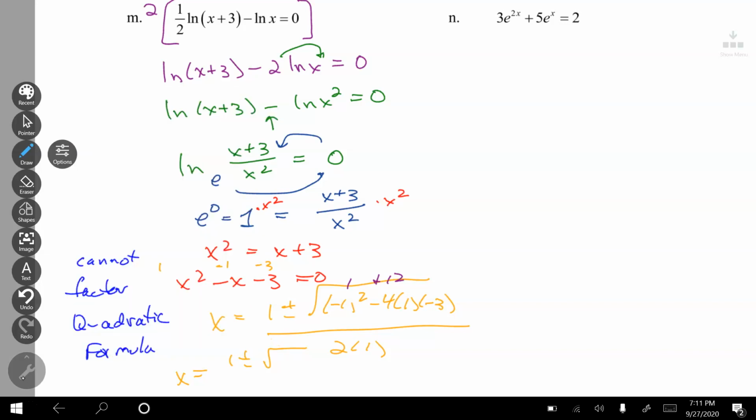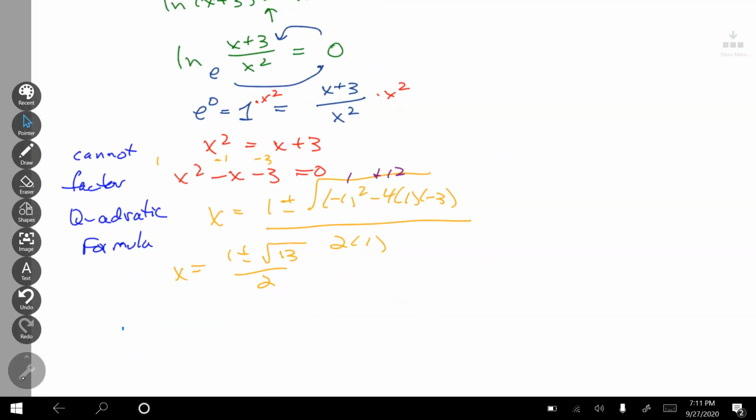I get the square root of 13 over 2. You want to split that into two results. x equals 1 plus the square root of 13 over 2, and 1 minus the square root of 13 over 2.